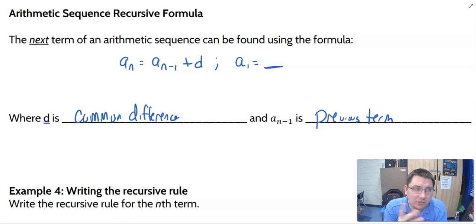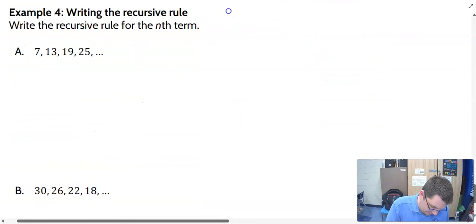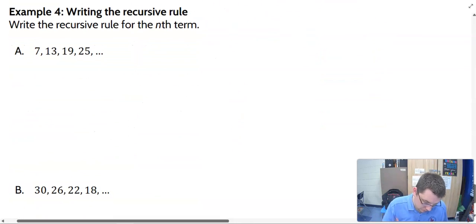All right, so let's look at the two examples here on how to write the recursive rule. And we're actually going to use the two sequences we used in example 3. And so we can compare the two formulas as well when we talk about the explicit rule and the recursive rule. In example A, again, we've got 7, 13, 19, and 25. And so each time it's adding 6 to get to the next.